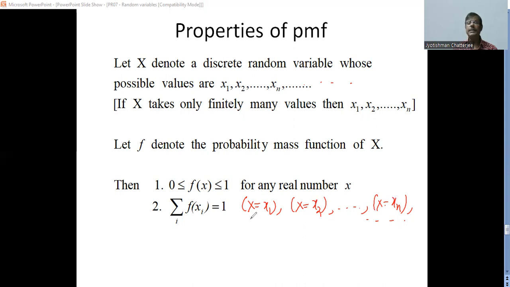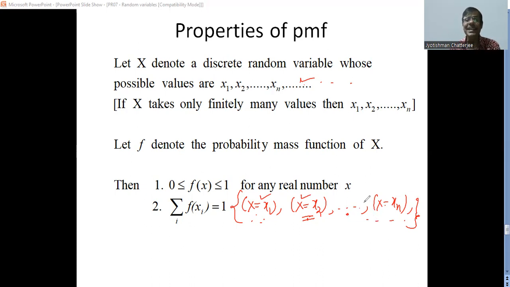For example, capital X equal to x1 must be disjoint from capital X equal to x2, because at the same time, the value of capital X cannot be x1 as well as x2. Similarly, any two of these events will be mutually exclusive. Are they exhaustive? The answer is yes, because no matter what the x value is, it must be one of these, so one of the events must have occurred. That's why this collection of events is mutually exclusive as well as exhaustive.